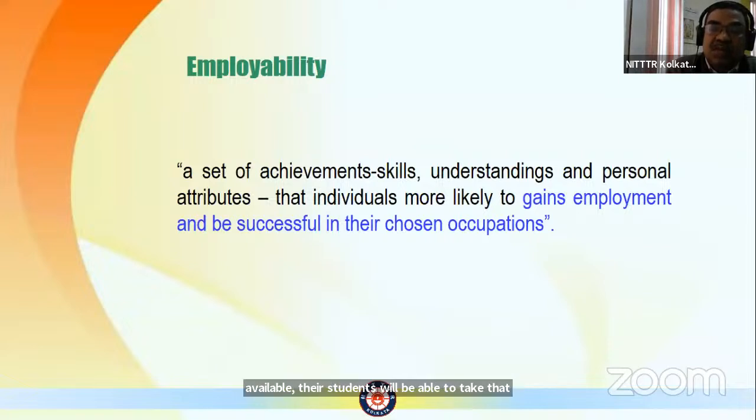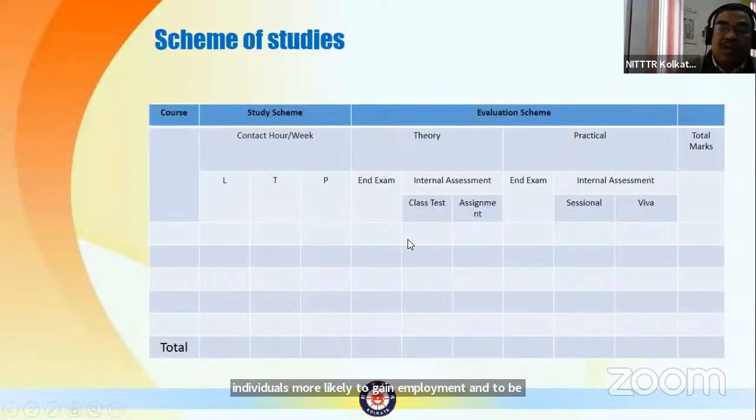So your student should be employable. Employability is a set of achievements, skills, understanding and personal attributes that make individuals more likely to gain employment and be successful in their chosen occupation.